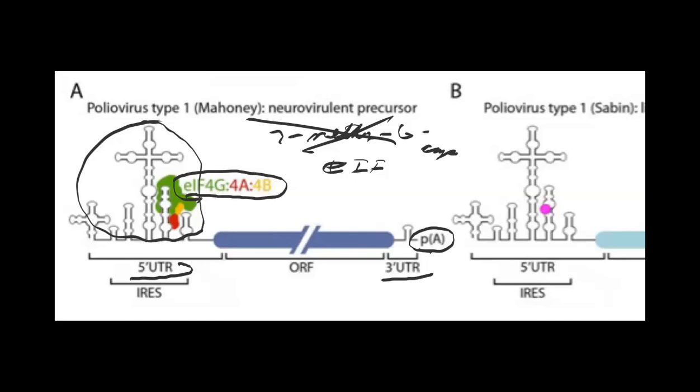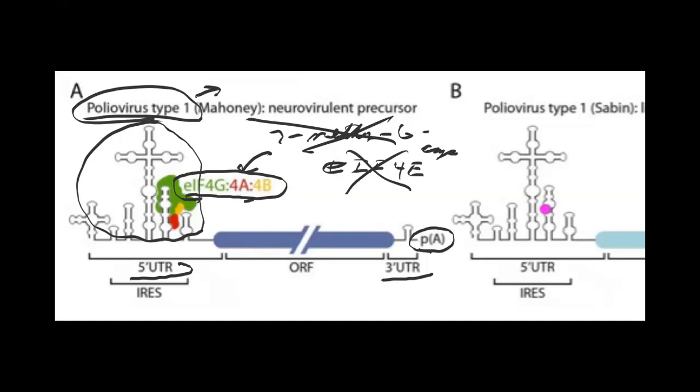For E. It doesn't need it. And it can recruit this directly. Okay, that's the wild type. I believe this was isolated from a fecal matter of a healthy child. I think that's the history of that.